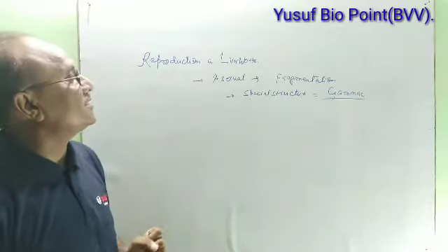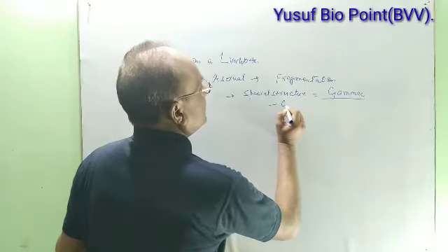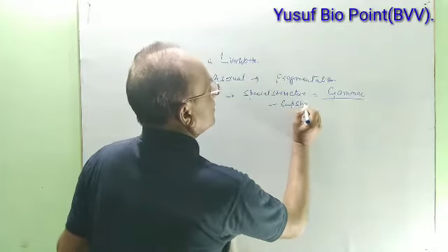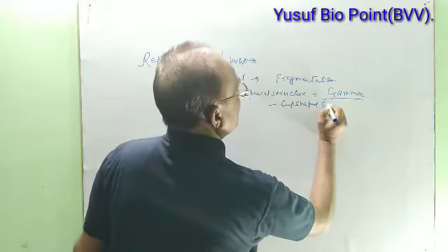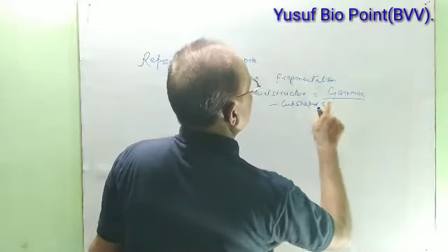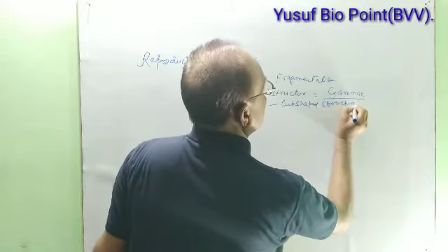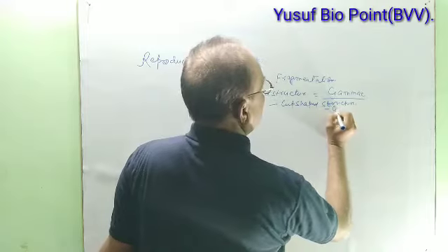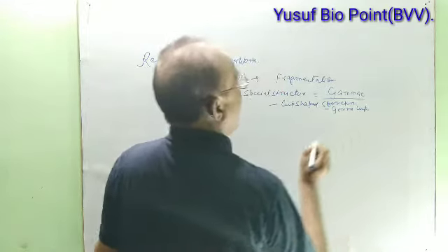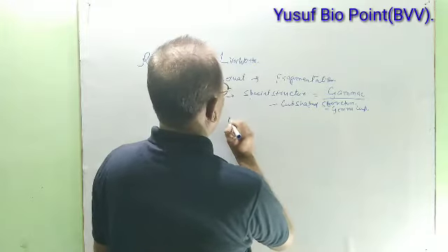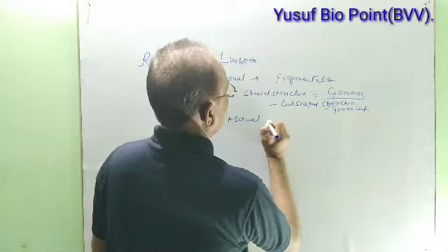A special cup-shaped structure is found, called the gemma cup, in which asexual buds develop.